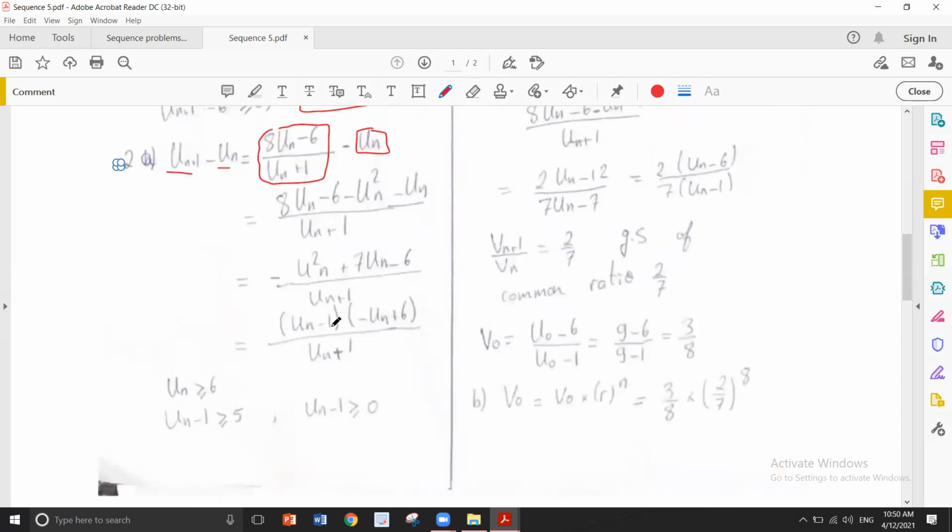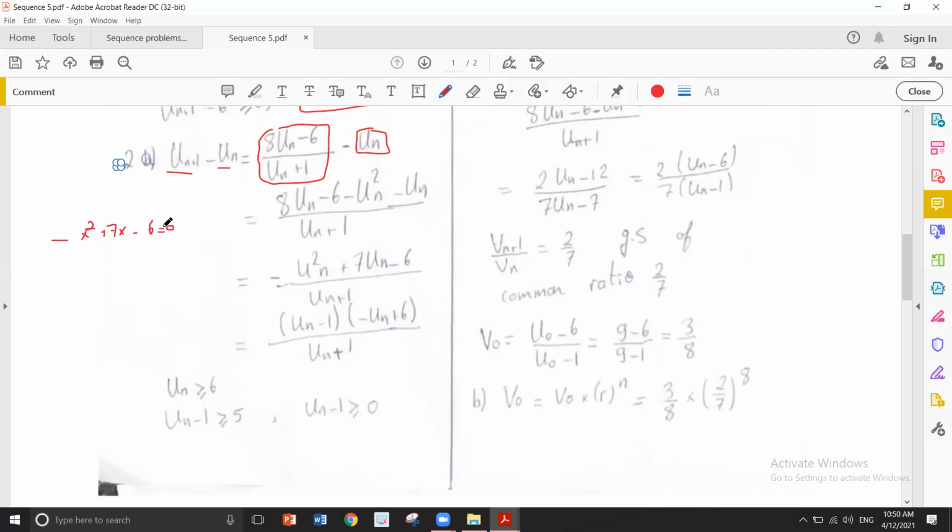Do you know how we factorized this expression? Minus x squared plus 7x minus 6 equal to 0.